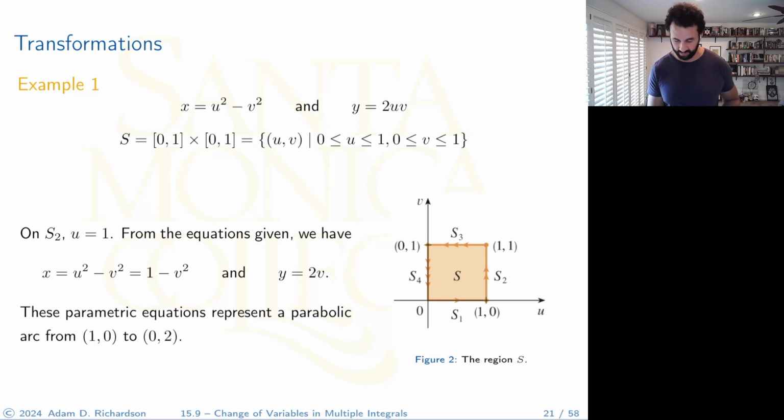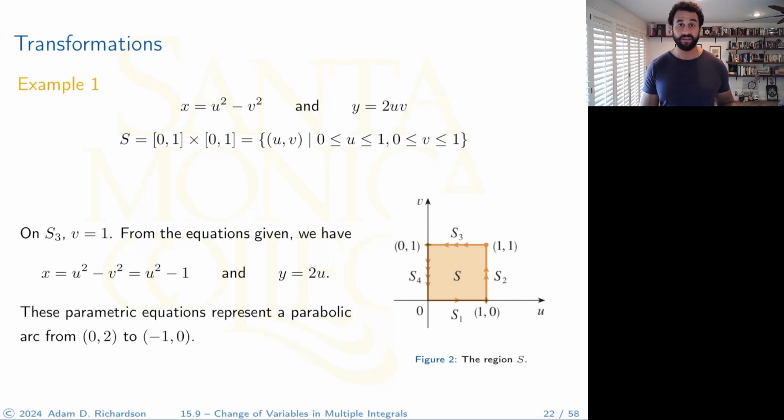Okay, moving along. What does S3 do? S3 is going to be similar to S2. So on S3, v is equal to 1. Do I have that right? Yeah, v is equal to 1. So plug v equals 1 into these formulas, and we get these parametric equations. x is now u squared minus 1, and y is 2u.